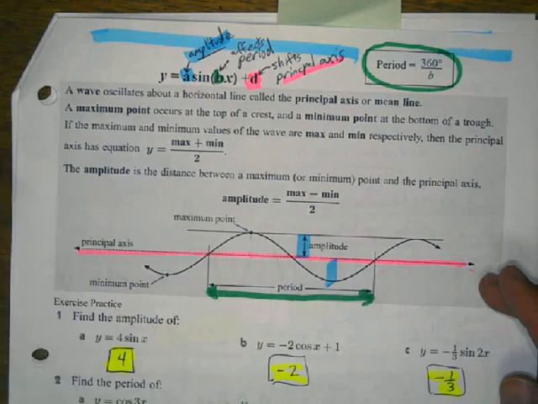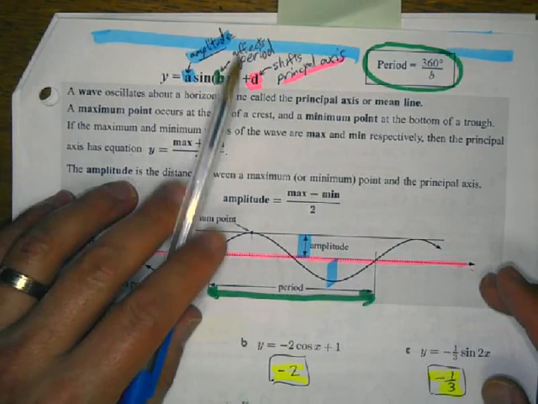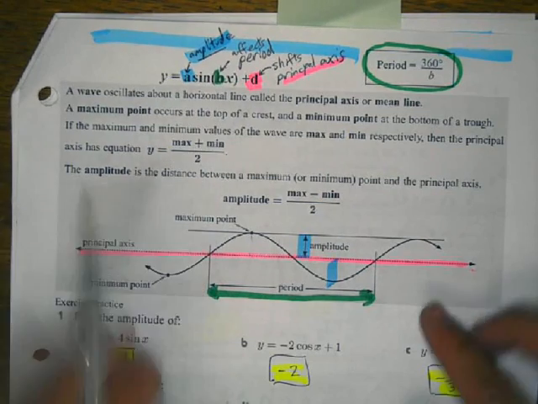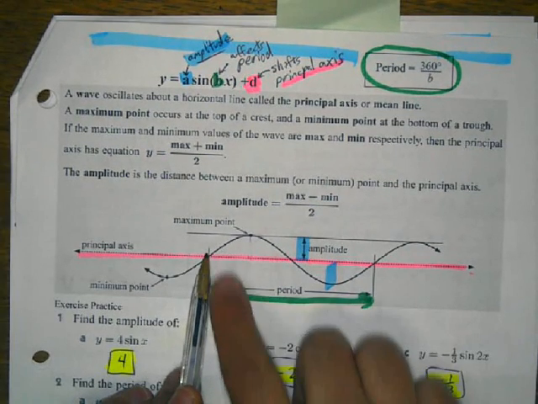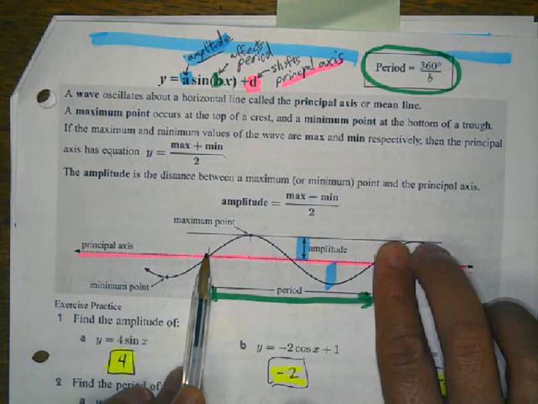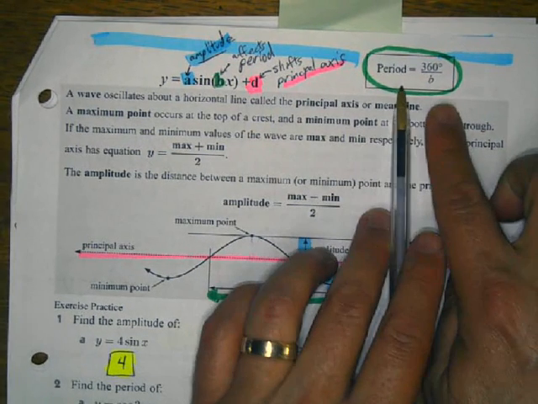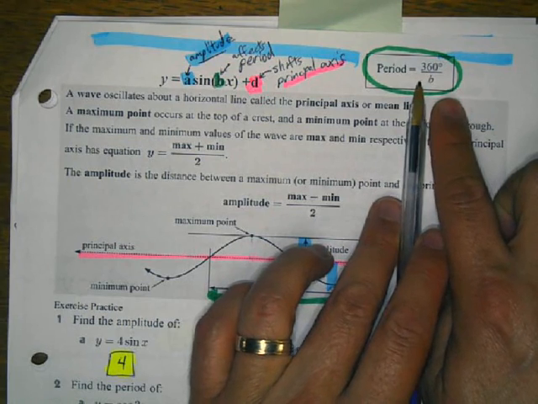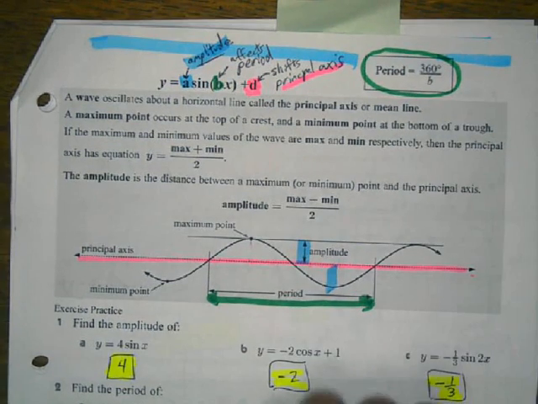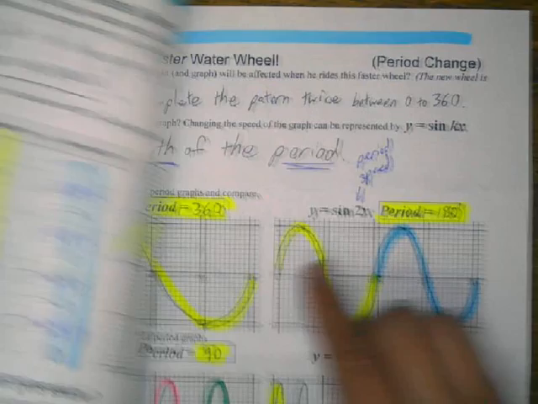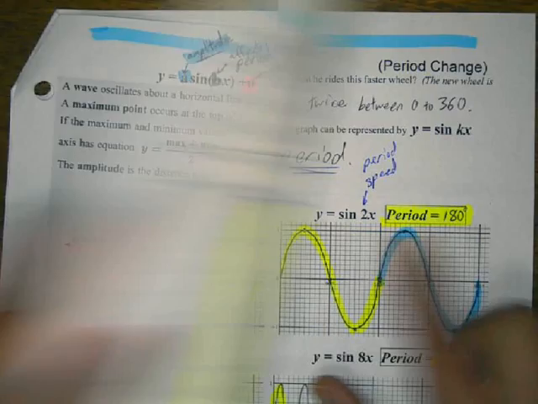And now B affects the period. Now B is not the period, but it affects the period. The period is when I've got a wave, and then it finishes the pattern, and then it starts over again from that point. To find the period, it's 360 divided by B. You should have noticed that when we did our previous page. If B is 2, 360 divided by 2 gives me 180.